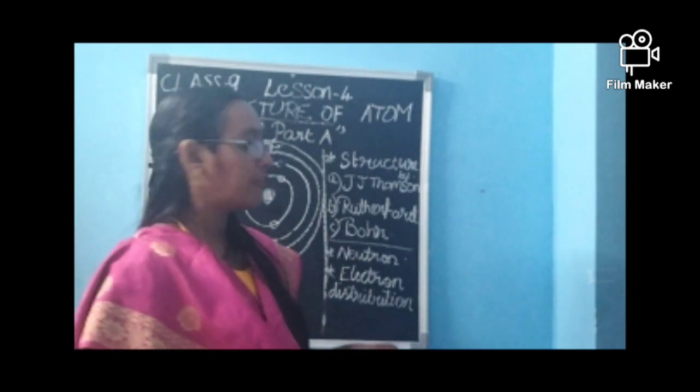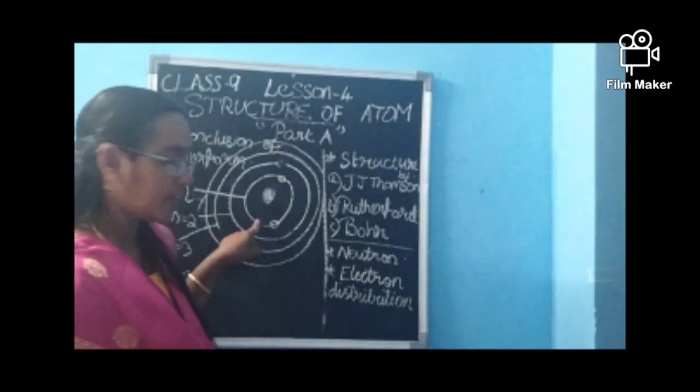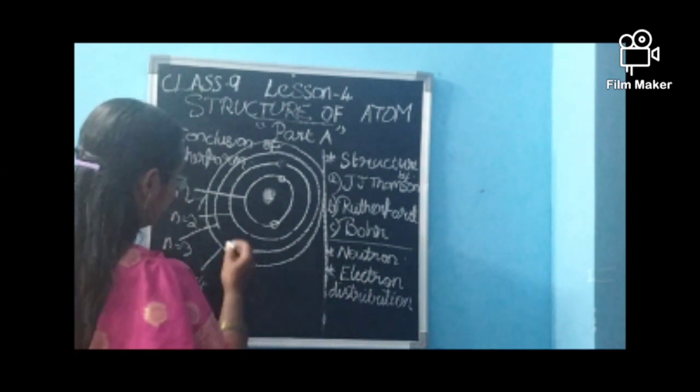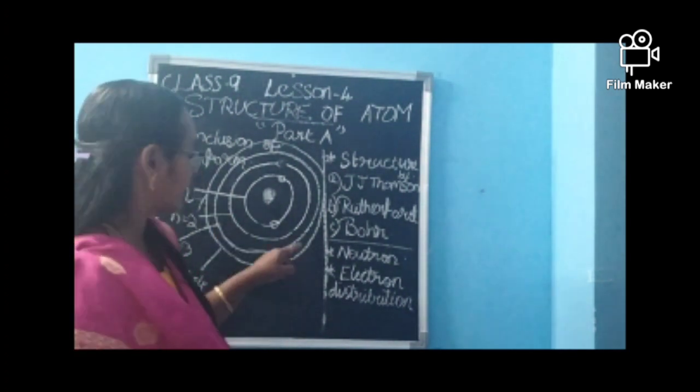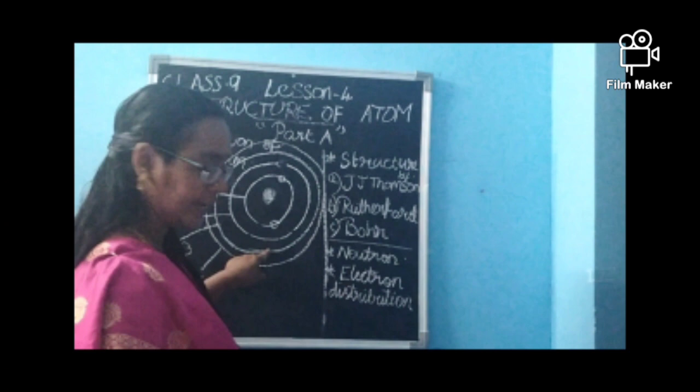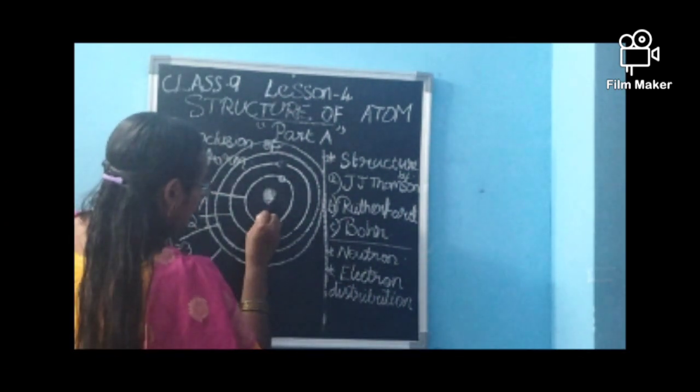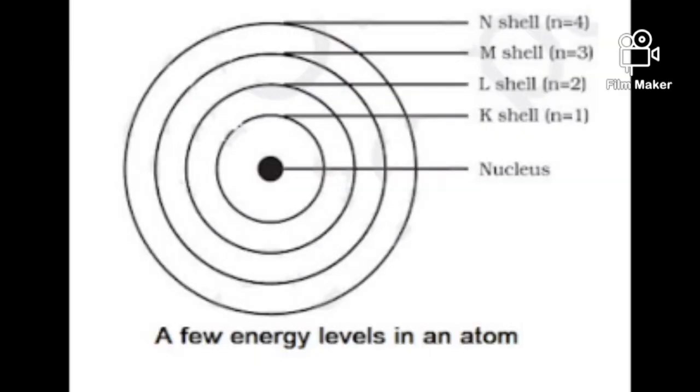These 4 shells we call K, L, M and N. How many shells? K, L, M and N. These are the 4 shells. How many electrons can be arranged in these shells, do you know?